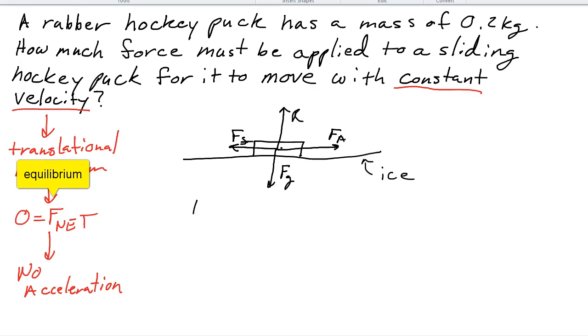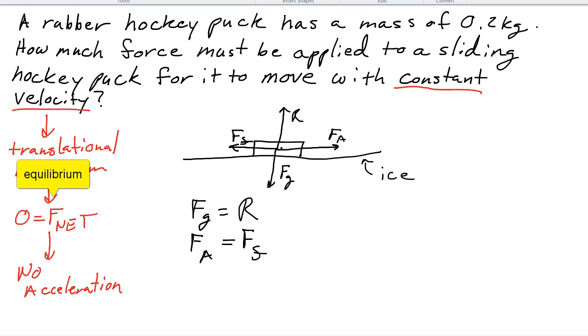So the force of gravity has to equal the force going in the opposite direction, the reaction force, and our force applied has to equal our force of friction. It's in translational equilibrium. There's no net force.